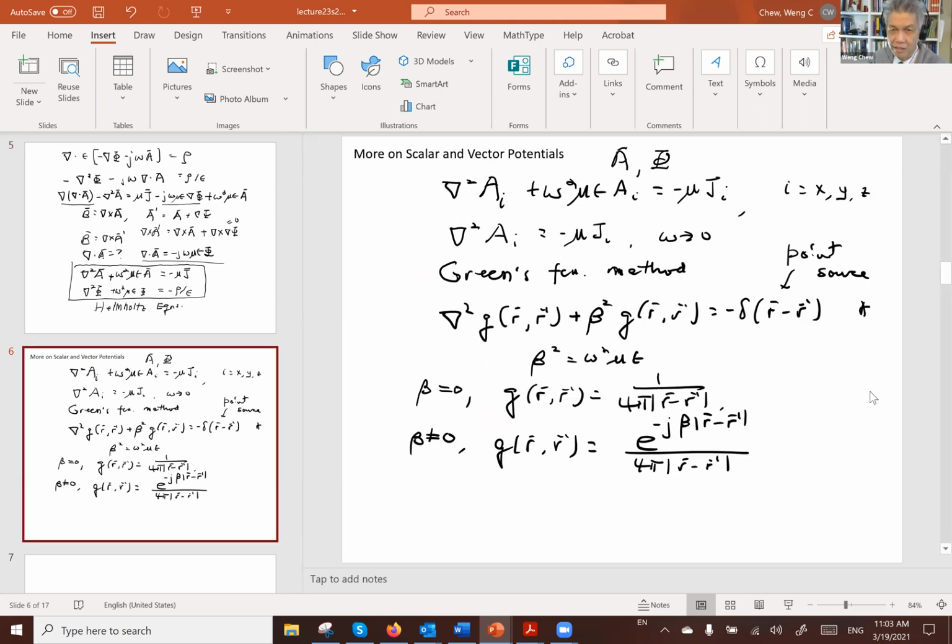So I'm going to just write down the solution for you without deriving it, because you know how we get there, okay? So the vector potential would be just the convolution of the Green's function with the volume integral. And I can write the convolution of the Green's function with the current in this manner.